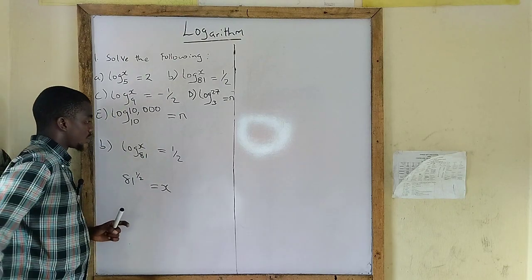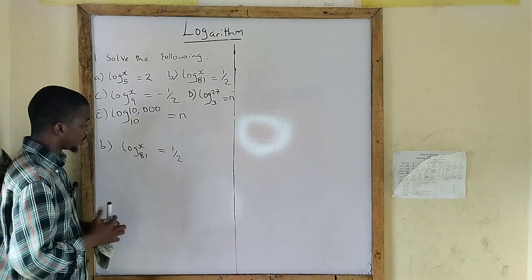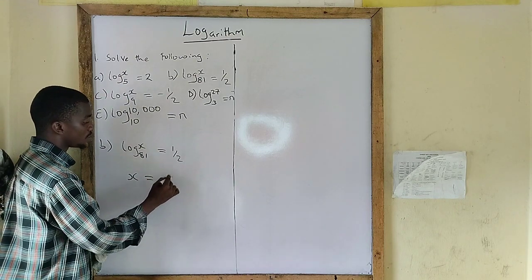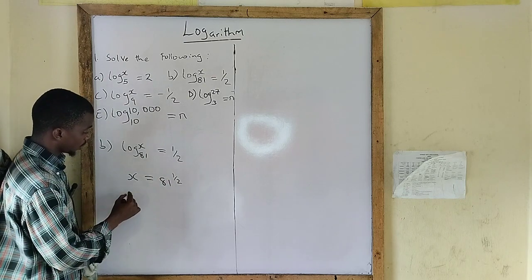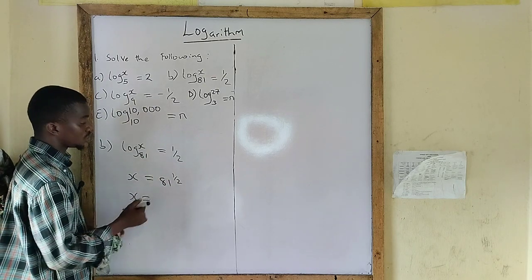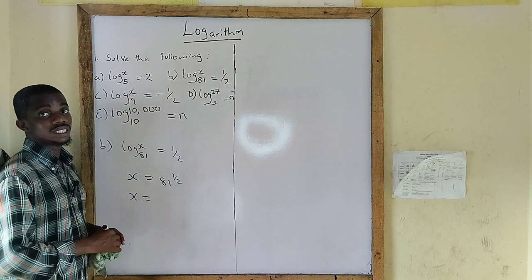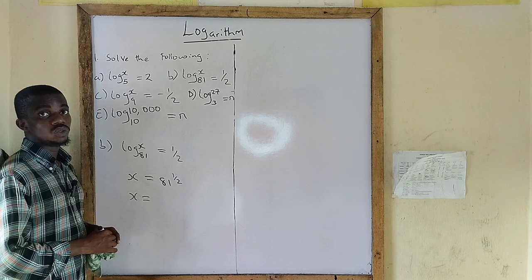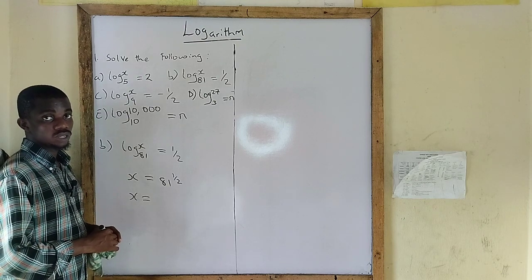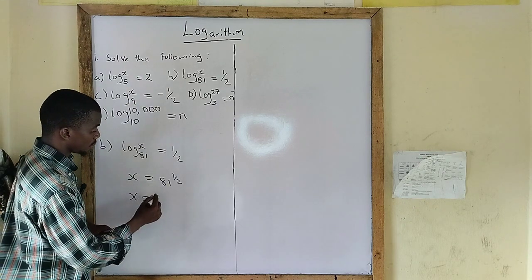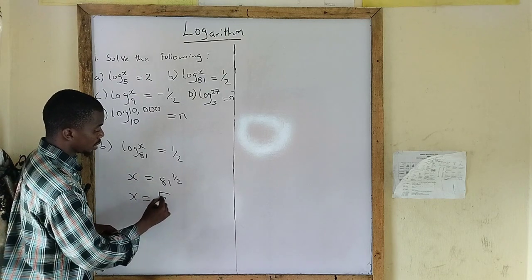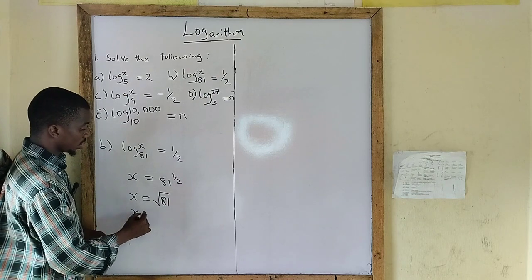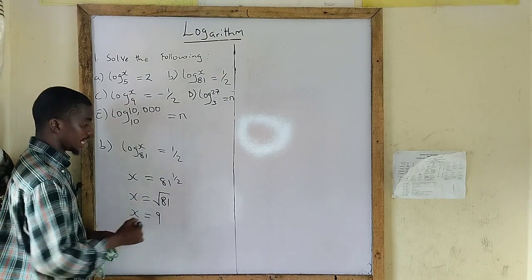All right, so that x is equal to 81 raised to the power of one half. Remember in your indices that one half is the same thing as square root. So this is root 81.